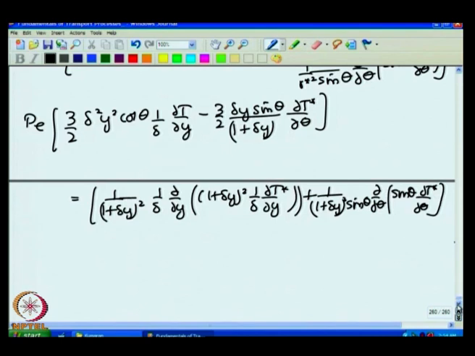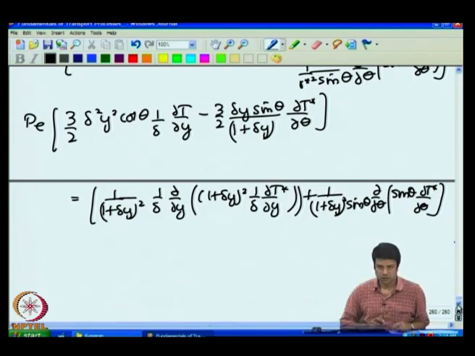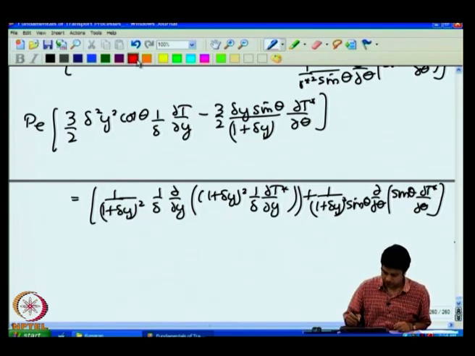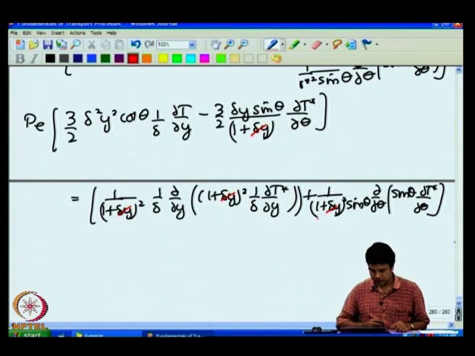Now, delta is small compared to 1. Therefore, I can neglect delta in comparison to 1 here, here and here as well as here.